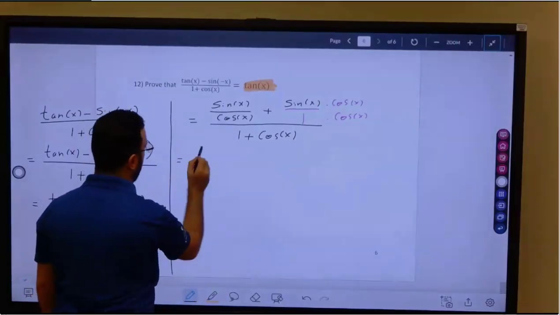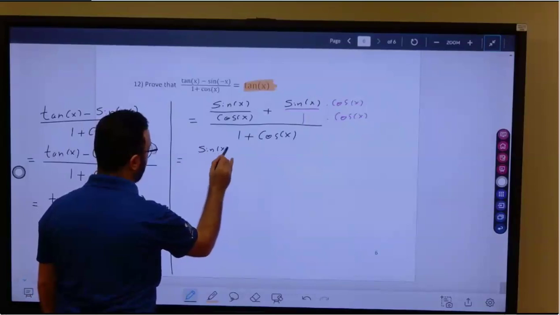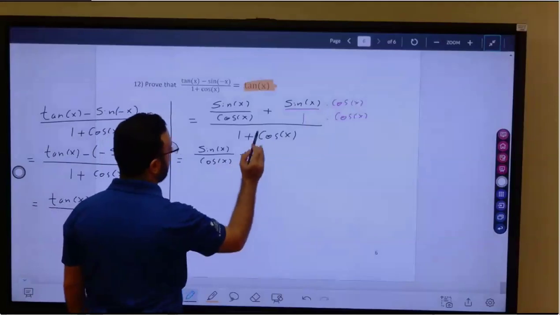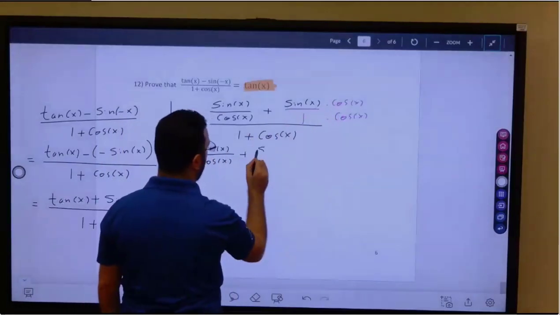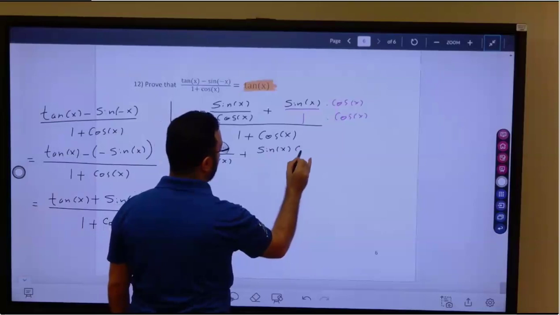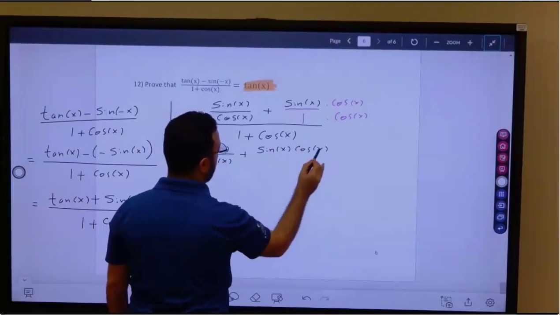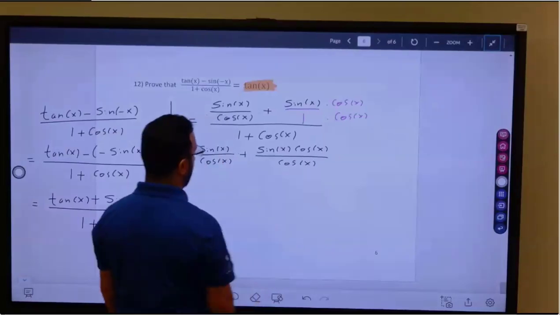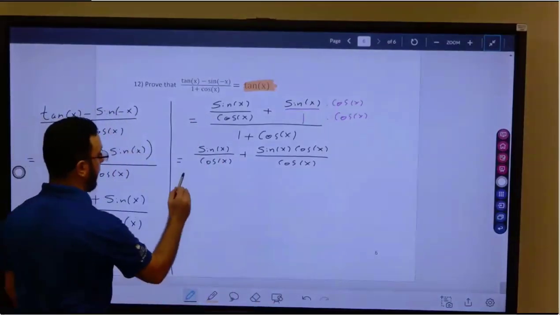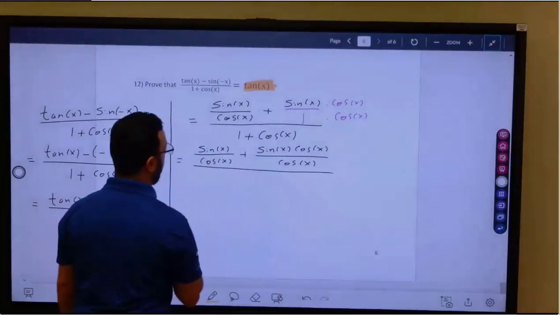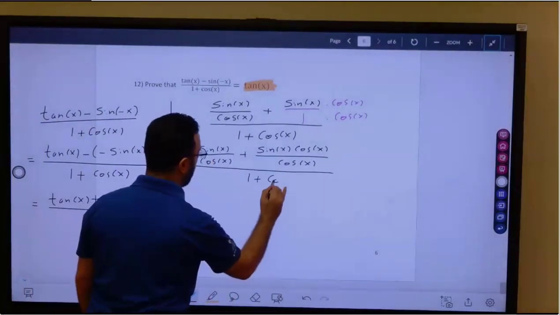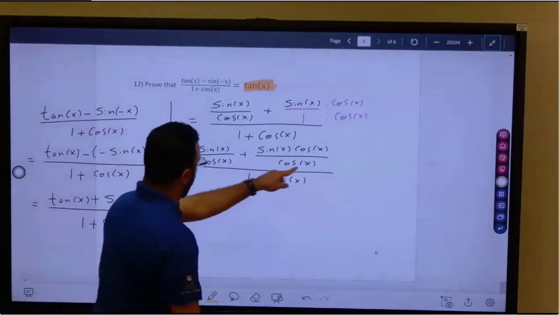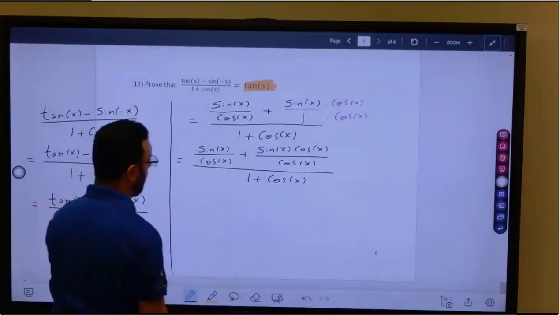This is going to be sine x divided by cosine x, then plus sine x cosine x, divided by cosine x. And don't forget, the whole thing is over 1 plus cosine x. Now on the top, we have the same denominator, cosine x.